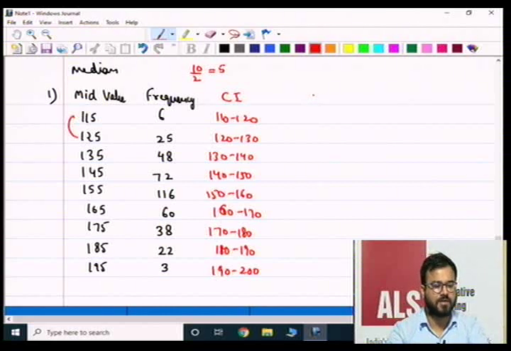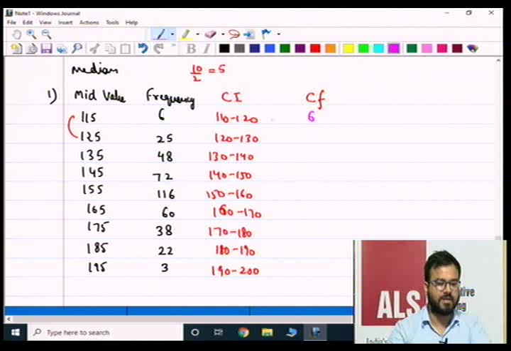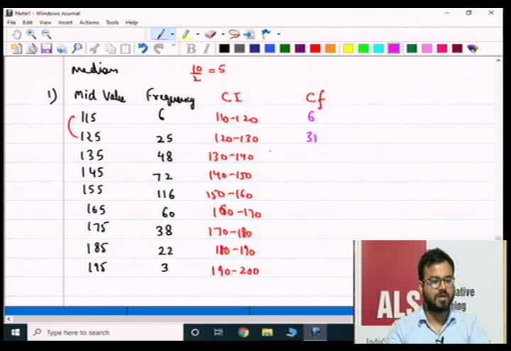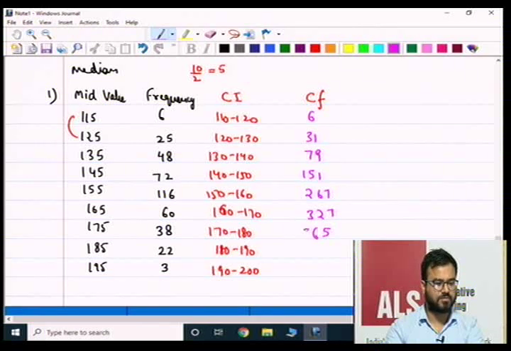Now the second thing is we have to find the cumulative frequency. So 6, 6 plus 25 is 31, 31 plus 48 is 79, then 151, 151 plus 116 is 267, 267 plus 60 is 327, 327 plus 38 is 365, then 387, and 390.